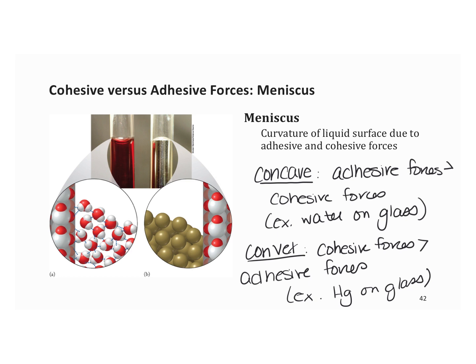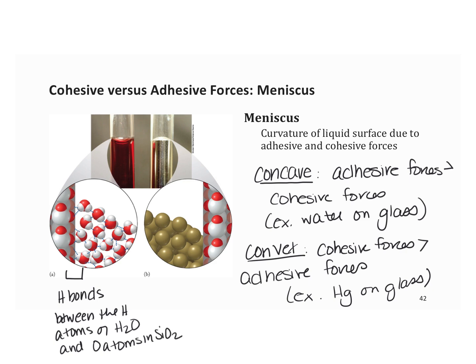Now, this results when the intermolecular forces between the two substances are similar or different. So, for example, here, right, we have hydrogen bonds between the hydrogen atoms of water and the oxygen atoms in silica dioxide of glass, right?